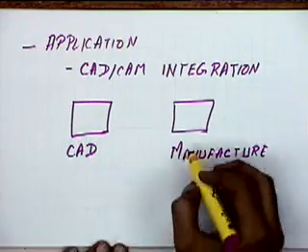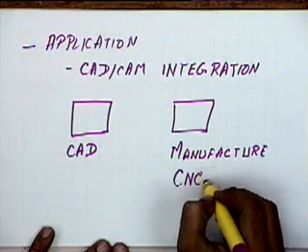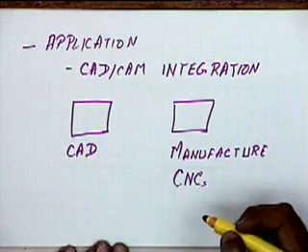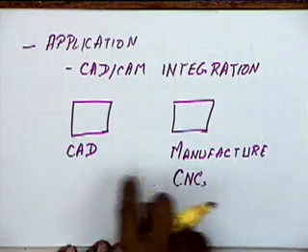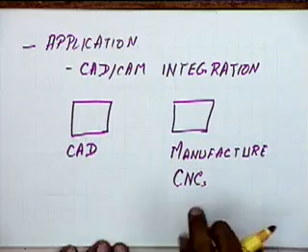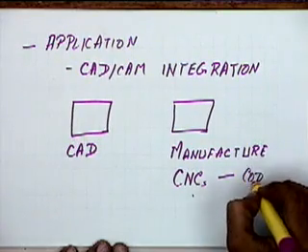Within the manufacturing stage, let's say we have a set of CNC machines. Now this object has to be manufactured on this CNC machine. For that, the CNC code has to be generated, has to be written.